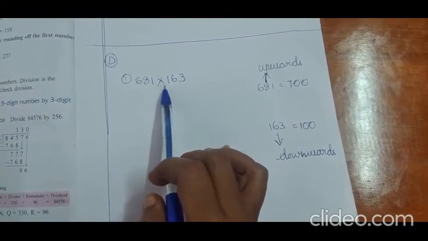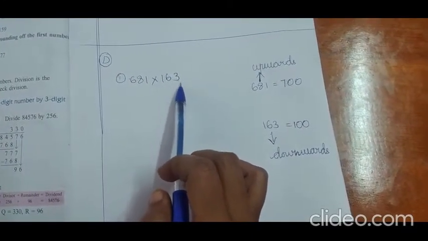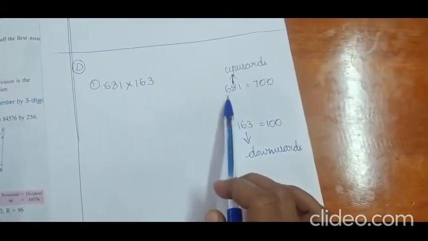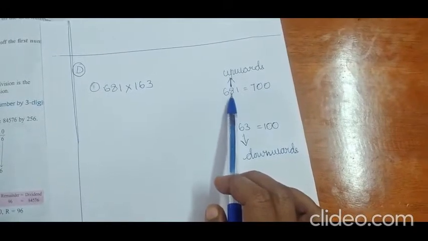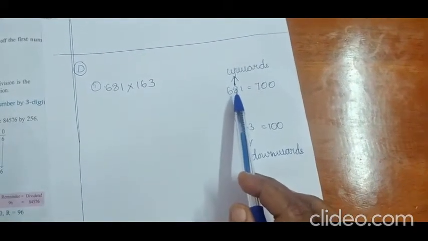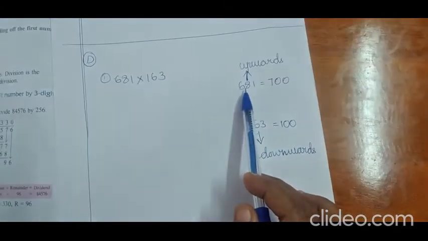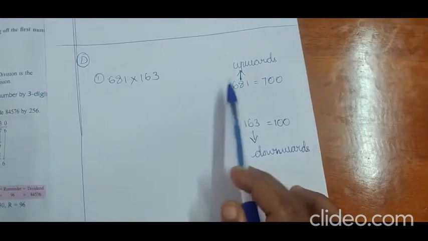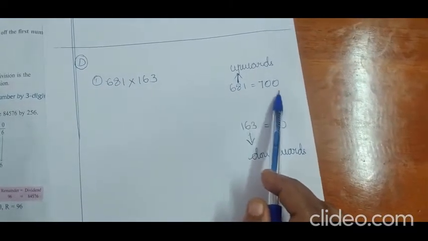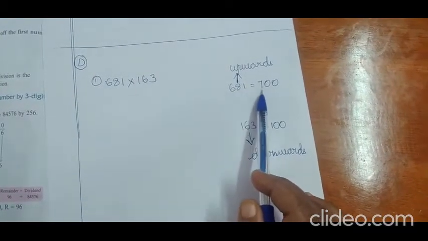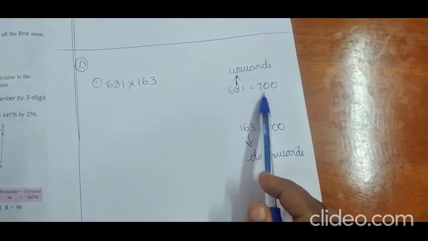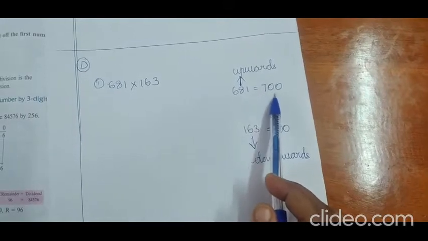681 multiplied by 163. This is the first number, 681. We have to count upward and make it a round number. If you count upward, 681 we can write as 700.